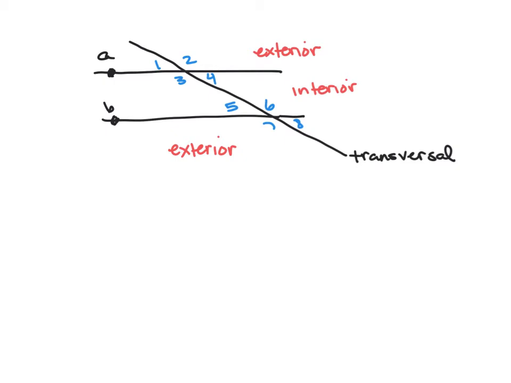In the anatomy of this transversal going through these parallel lines, we have the exterior parts, meaning outside, and the interior part, the inside. We're going to learn 4 rules that tell us what the measurements are of one angle if we know the other, whether they're congruent or what their relationship is. The first one is corresponding angles.